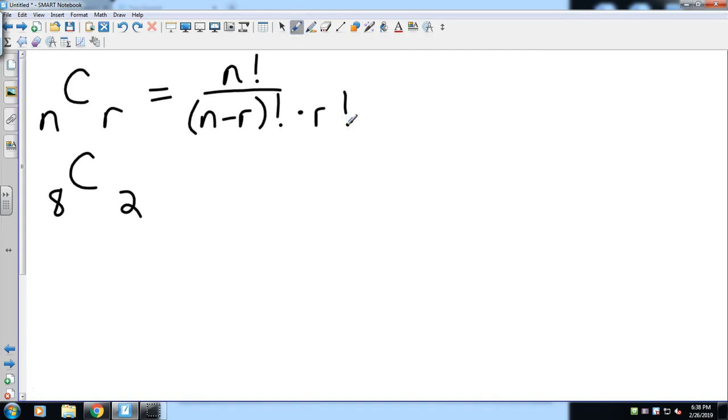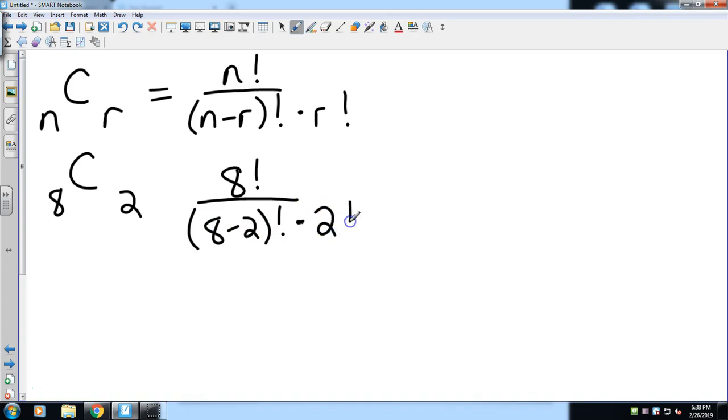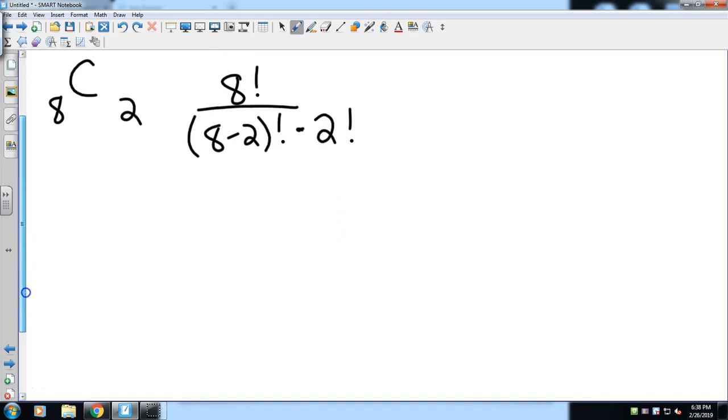Okay, so in this case, that's going to be 8 factorial over 8 minus 2 factorial times 2 factorial. So the 8 minus 2 is going to end up being 6 factorial times 2 factorial.